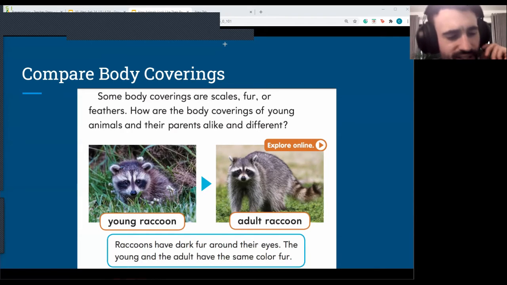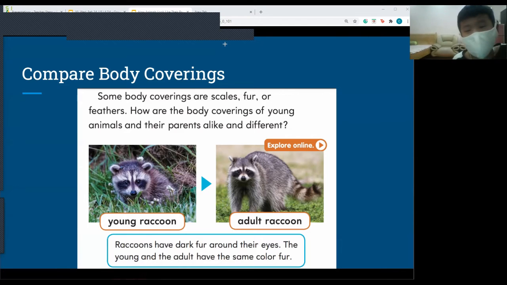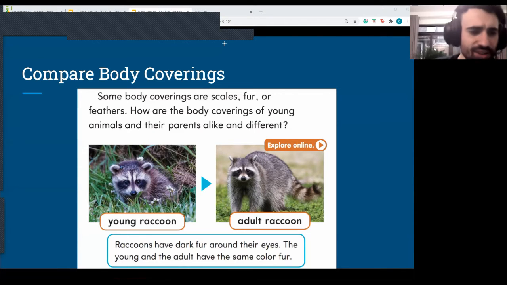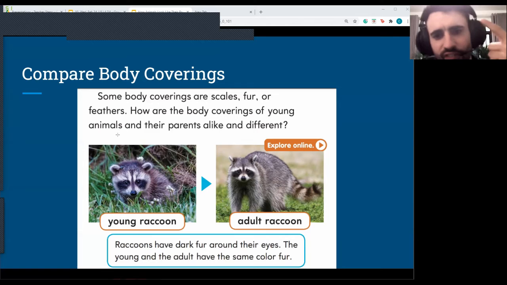Okay, it sounds like you're going to be a dragon. I like the answer, scales. If you have fur, you could stay warm in the winter. Or if you had feathers, maybe you could fly.